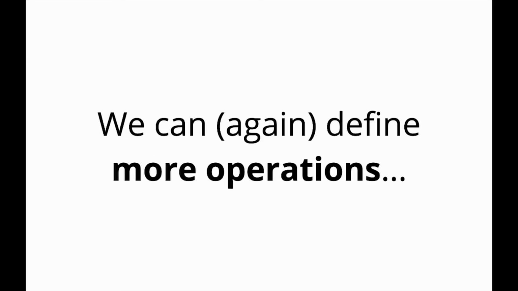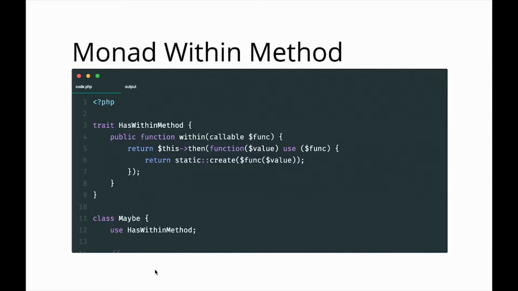And we can use this knowledge to build on top of our data structure. Imagine we wanted a within method, something that would call a function on a value, similarly to what we're doing with Many, but if it's just one value, if it's not a collection kind of monad, we still want to execute that function on the value.